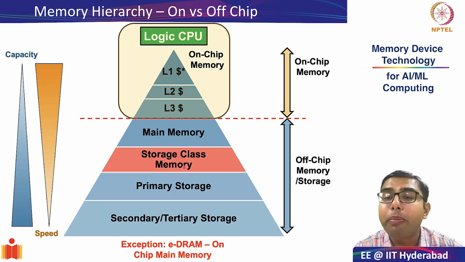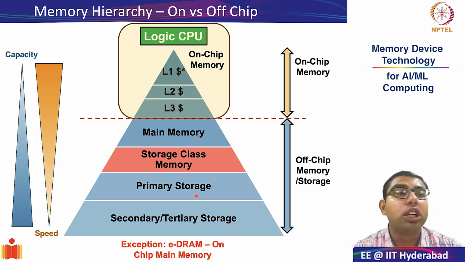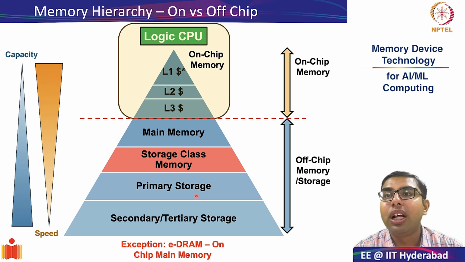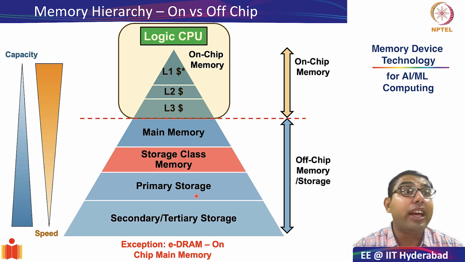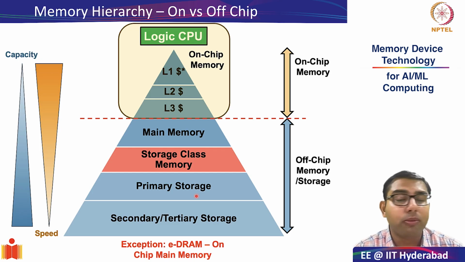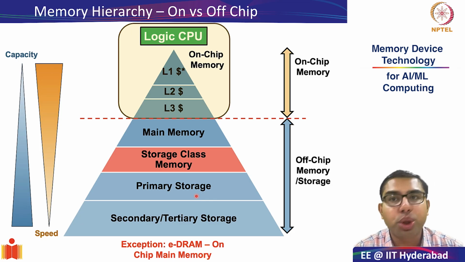Then there are storage class memories, which I have kept in a different color to indicate that they are upcoming in the future, and your primary storage, which consists of NAND flash, which is also off-chip, like main memory. In the second module, when we look at practical examples of memory hierarchy in modern-day mobile phones or computers like my own MacBook, you will see that the boundaries of on-chip and off-chip memory are not as fixed as I have tried to show in this slide.